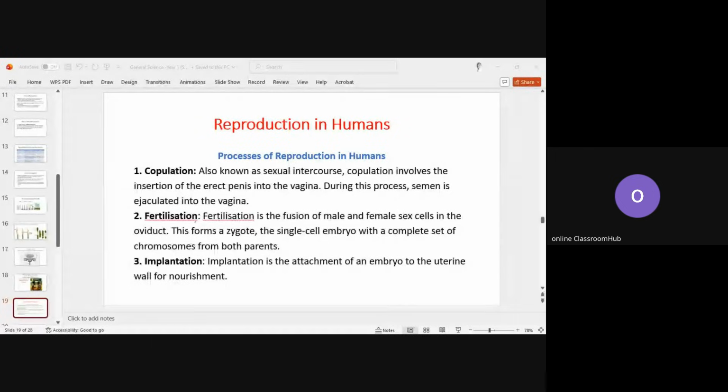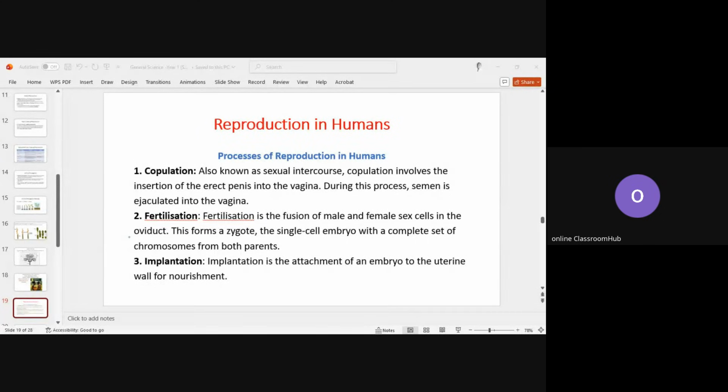So fertilization is the fusion of the male and the female sex cells in the oviduct or the fallopian tube. In fact, take note, fertilization in humans occurs in the fallopian tube or the oviduct. Fallopian tube is also known as oviduct.